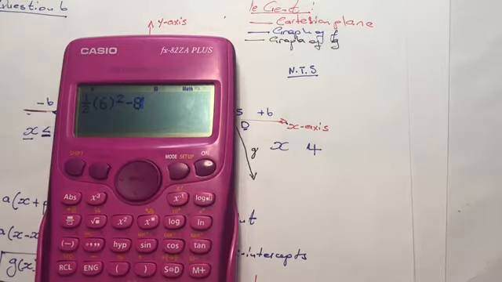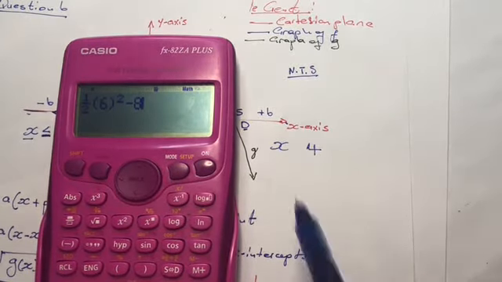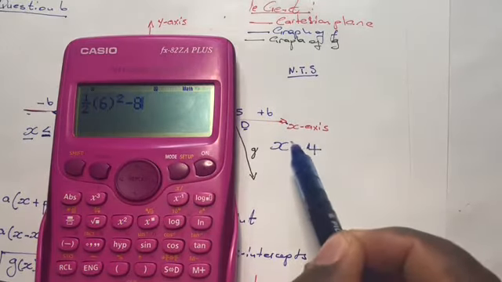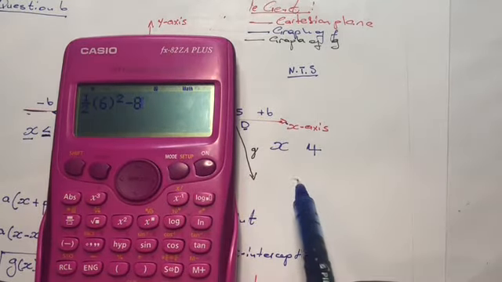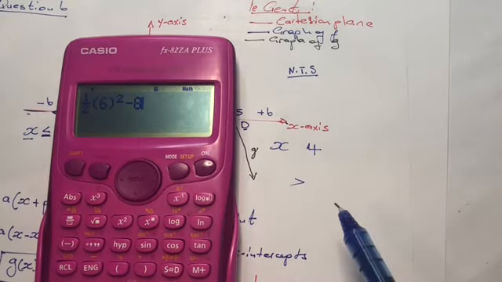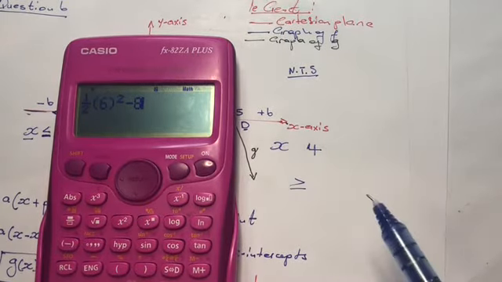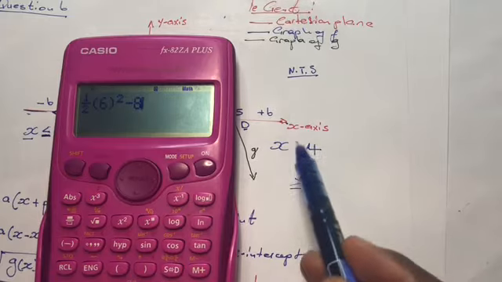When I punch the equals sign, I'm expecting an answer which is greater than 0. If I get an answer which is greater than 0, then the inequality that I'm going to use there is greater or equal to.